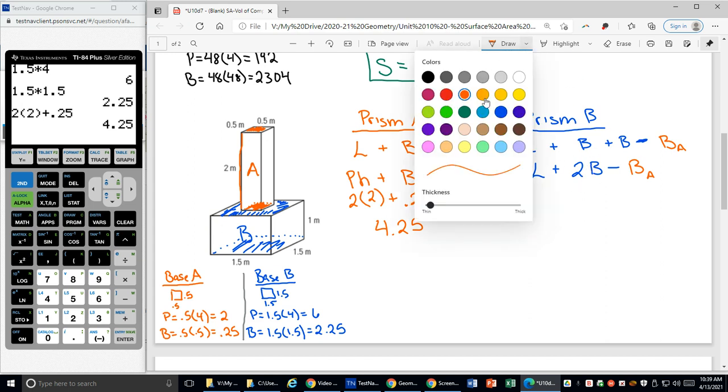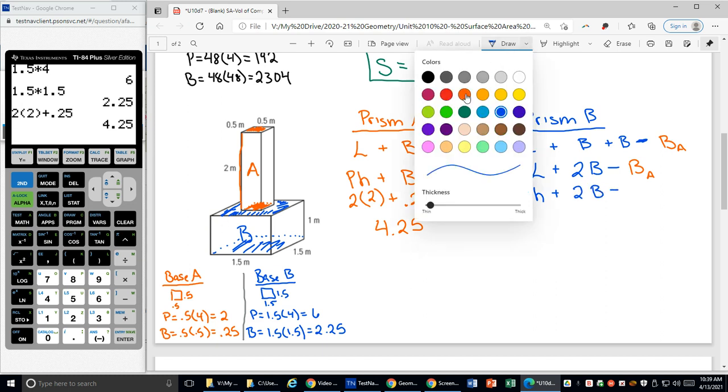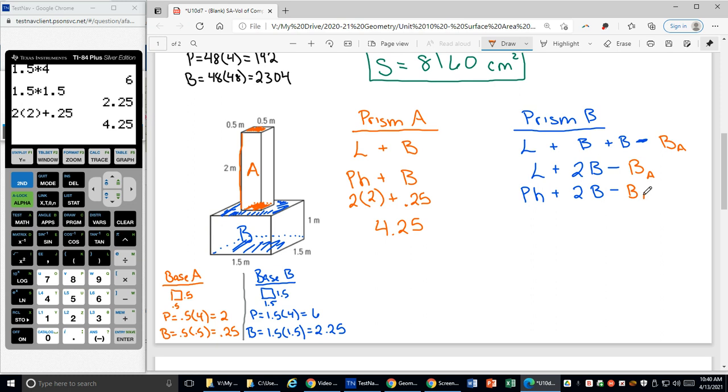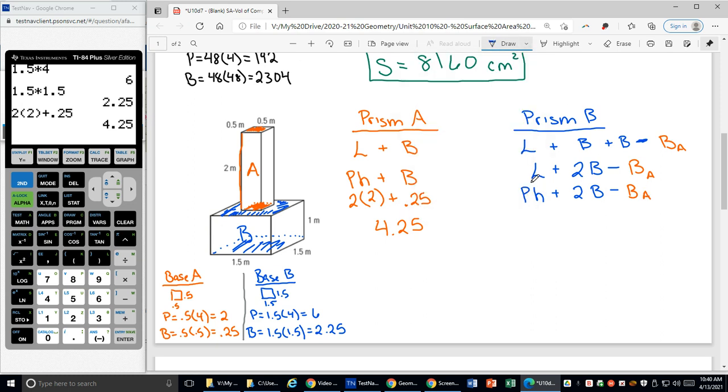Prism B is the lateral area, which is still a prism, so it's the same formula, plus 2 bases minus a base from prism A. Okay, so when I fill this in, my perimeter of prism B is 6.